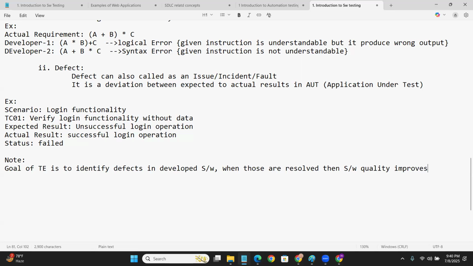When quality improves, the customer is satisfied. Whenever the customer is satisfied, your company will get a good reputation in the market, so that we are going to get more orders and can do more business. Right.